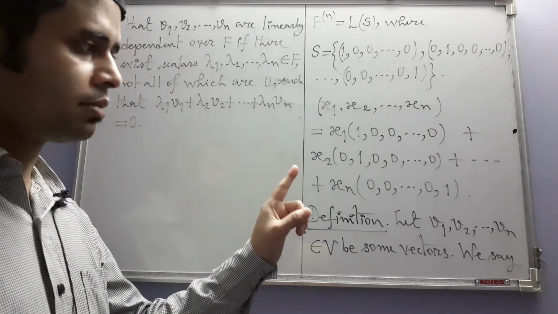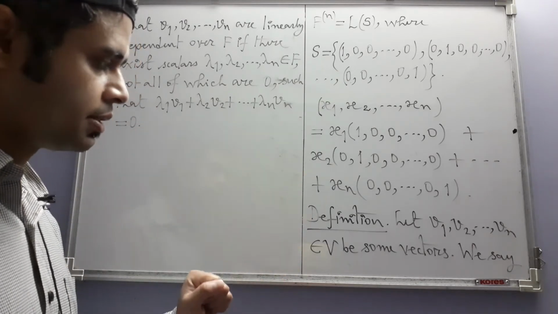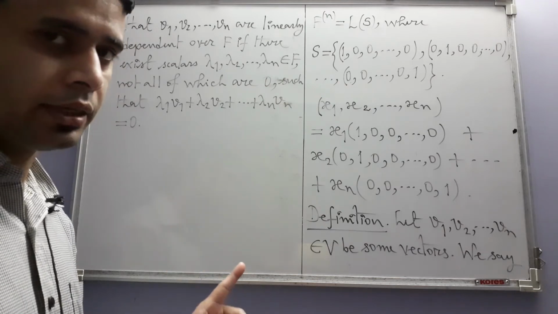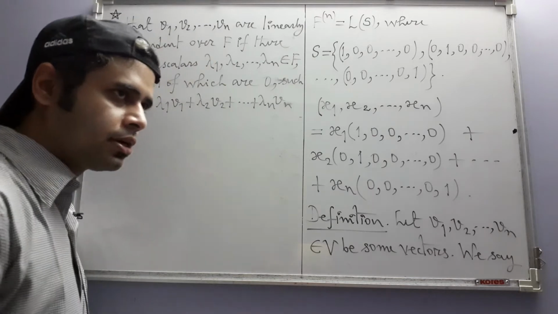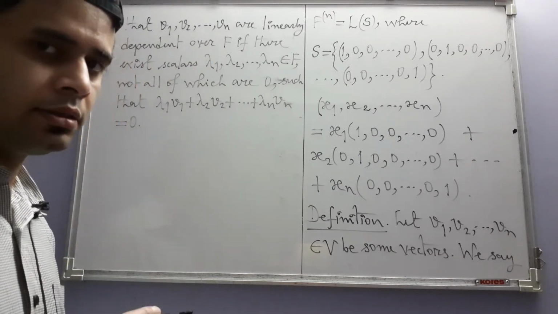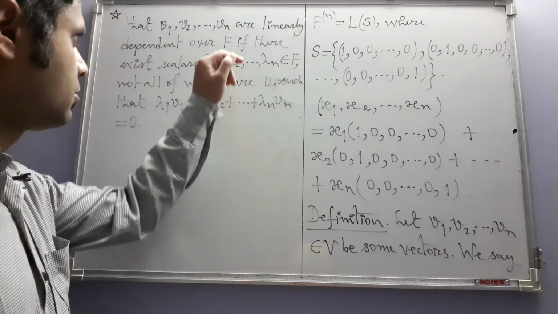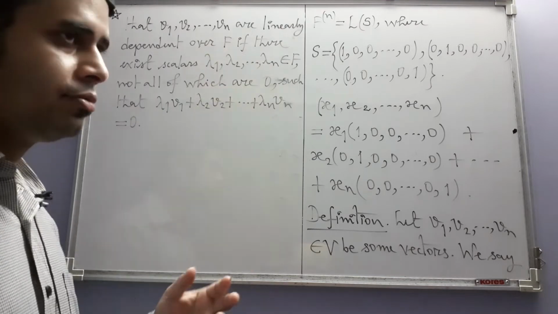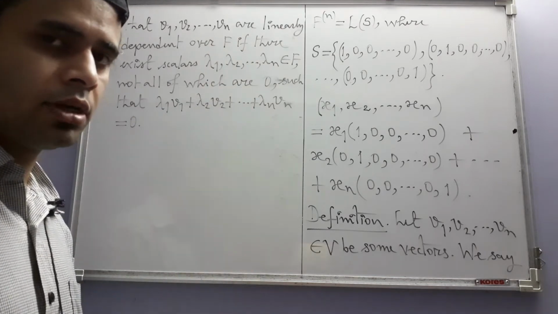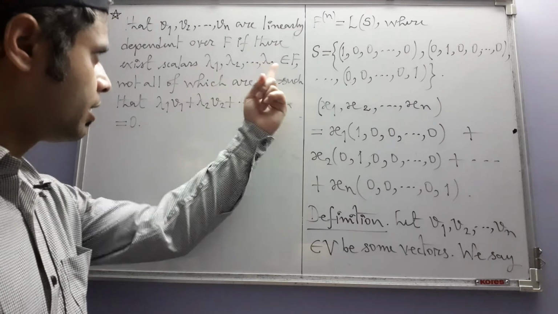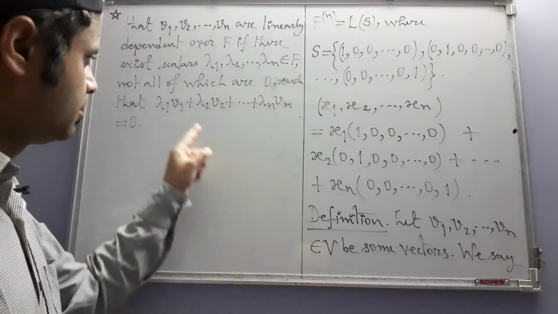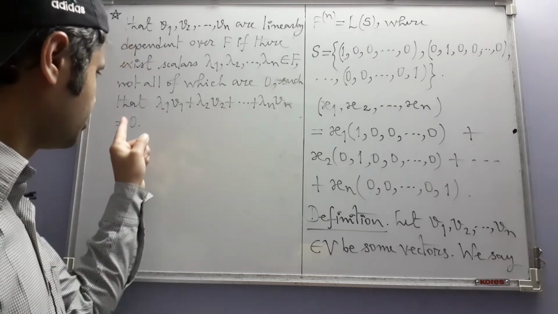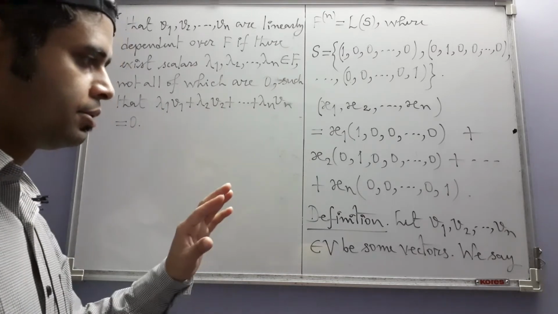We are given some vectors in a vector space, finitely many, keep that in mind. We say that those vectors are linearly dependent over the field F if there exists an equal number of scalars, not all of them 0 simultaneously, such that this linear combination is 0.